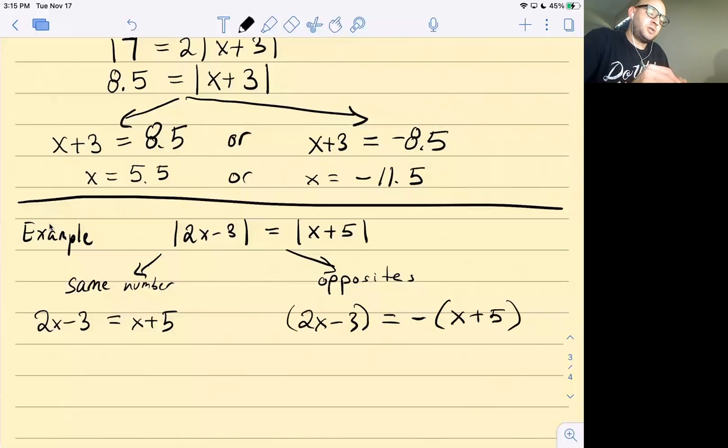And notice I don't just make this a negative here. I take the whole expression and make it a negative. Are there any questions on the logic behind getting those two equations? Okay, please move forward and try to solve these and then message me what answers you get. And I'm just going to write it down here.